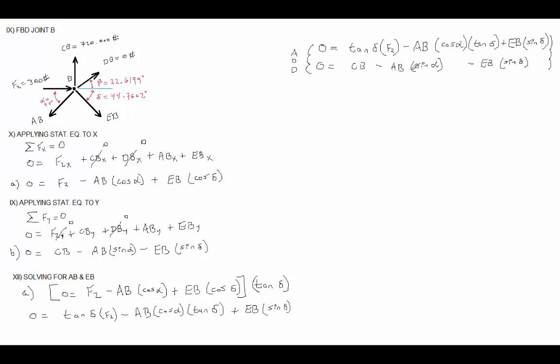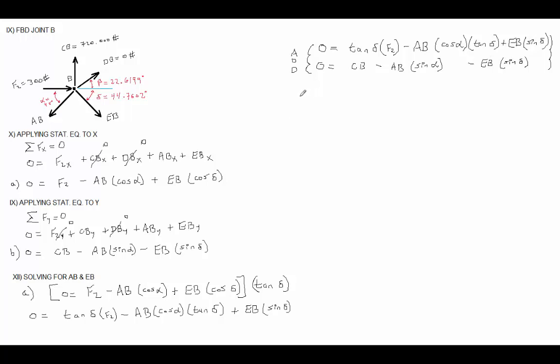If I take these two equations then and add them together, this top one is the modified equation A down here. This bottom one is just equation B. If I add those two equations together, you're going to see that I'll have a positive EB times sine delta and a negative EB times sine delta, and those two terms will cancel out.